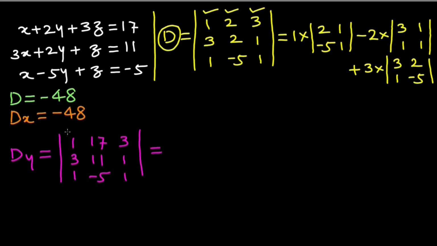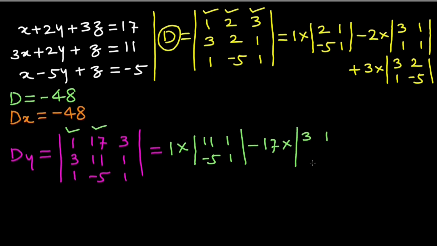It will be first element of the first row, 1, multiplied by its minor, which will be 11, 1, minus 5, 1, minus second element 17 multiplied by its minor, which will be 3, 1, 1, 1, plus the third element 3 multiplied by its minor, which will be 3, 11, 1, minus 5.